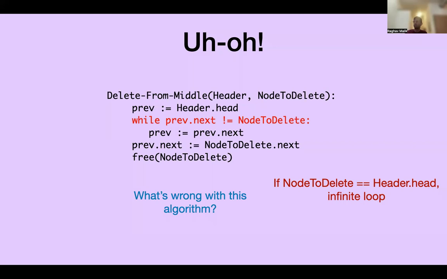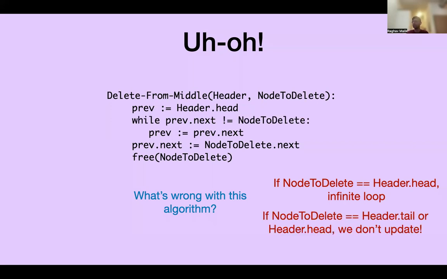In particular, if the node to delete is the tail, it'll work because it'll go up to the tail, but it won't update header.head or header.tail. And actually that's also a problem with our inserts, right?